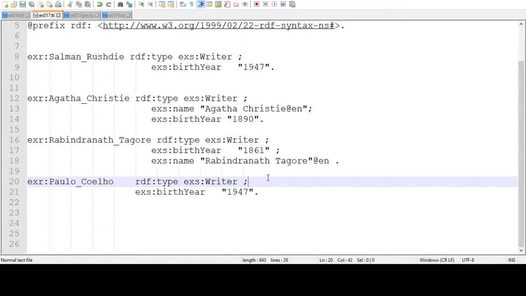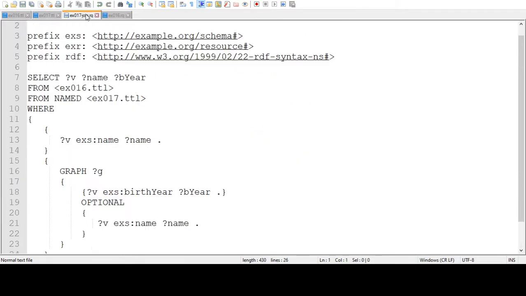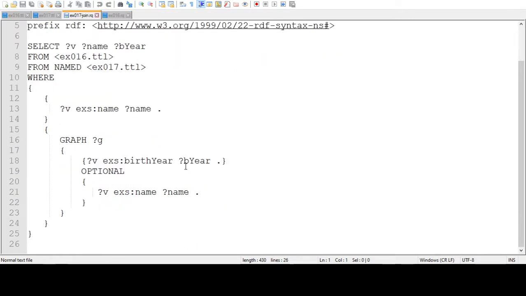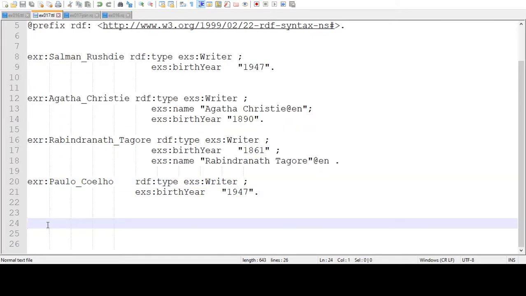Now let us try to see what we are doing in this query. So here we have defined EX016 to be the from node, and we have defined EX017 to be the name node. And here we are having two group graph patterns. So this is one group graph pattern. Here we are extracting, let me put this value somewhere else.